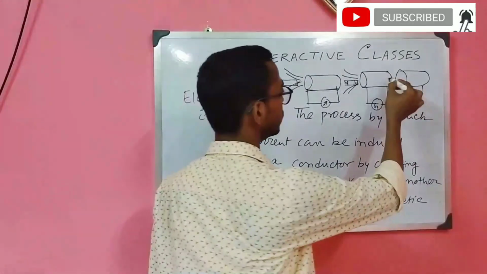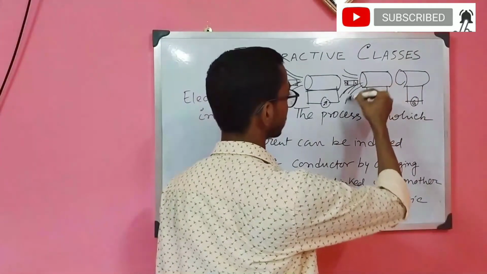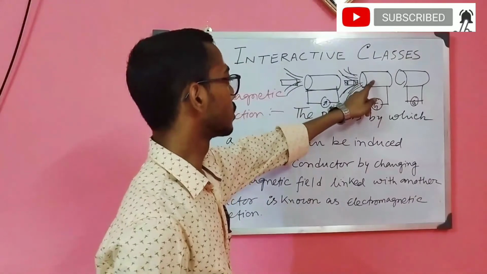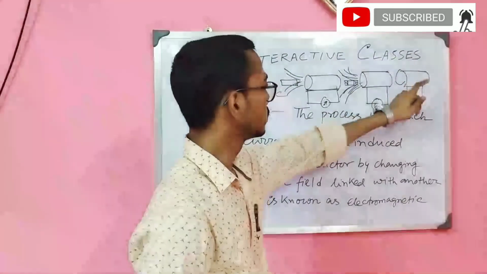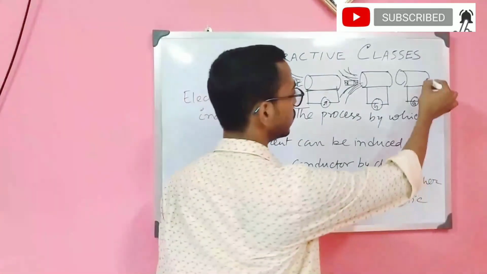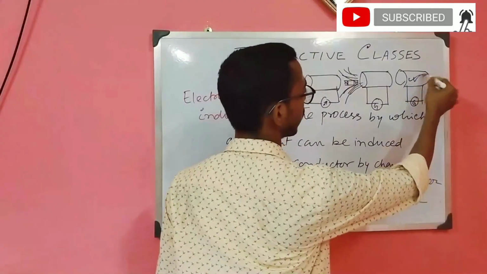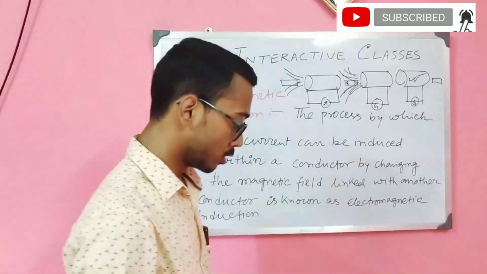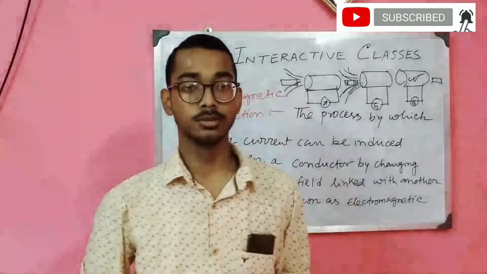That means this is known as mutual induction. That means if we change the magnetic field with this conductor, a current is developed in this conductor too. As well as if we do the same for this coil too, we will get a current induced in this conductor as well. Now I hope this is clear for you guys.